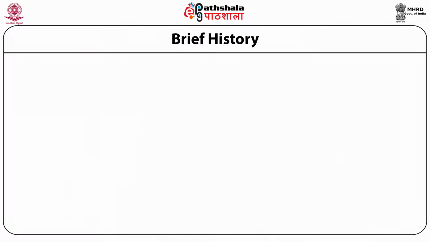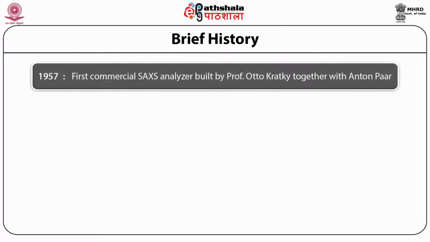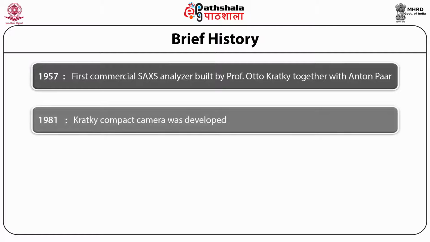Let's have a look at the brief history of the development of small angle X-ray scattering. It was first built by Professor Otto Kratky in collaboration with Anton Paar in the year 1957. Then he developed a compact camera in the year 1981.